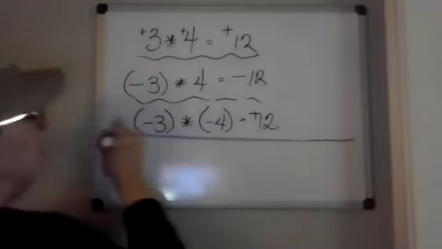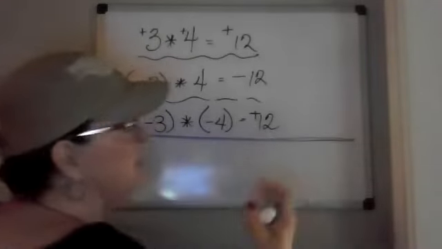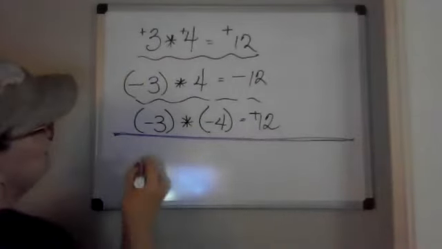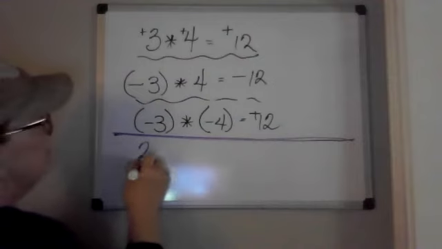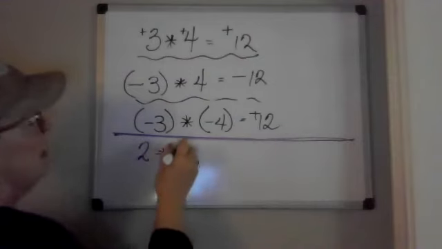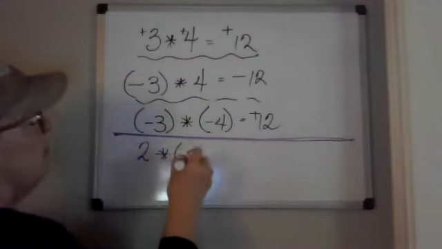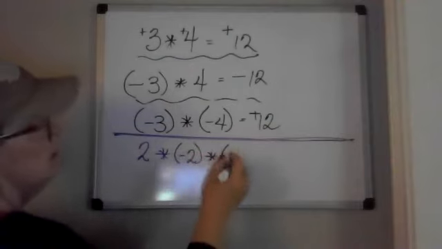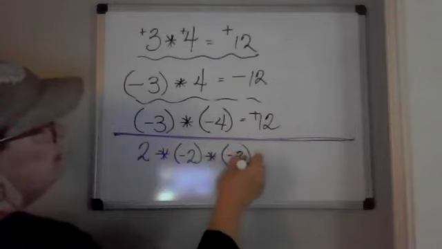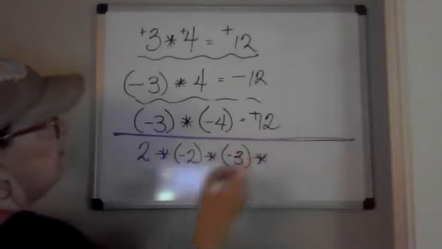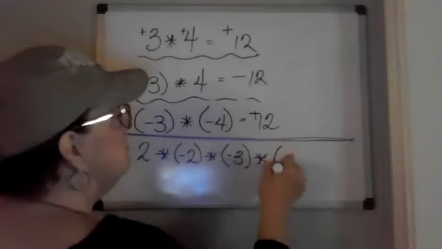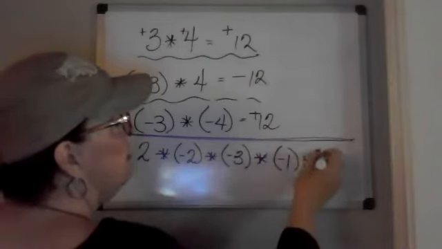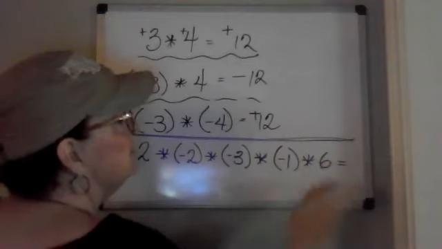Let's do this one. You're going to have some similar to this on one of the worksheets. So let's say I'm going to have 2 times negative 2 times negative 3 times negative 1 times 6.